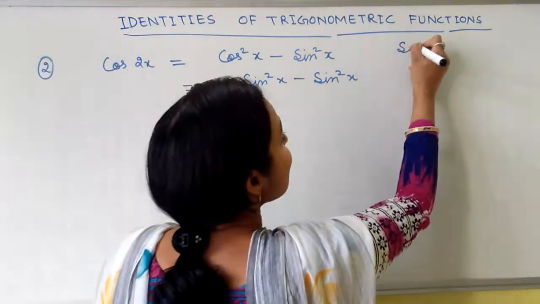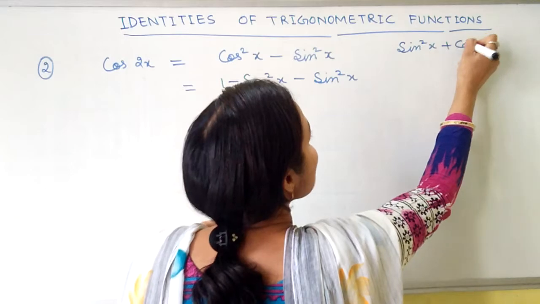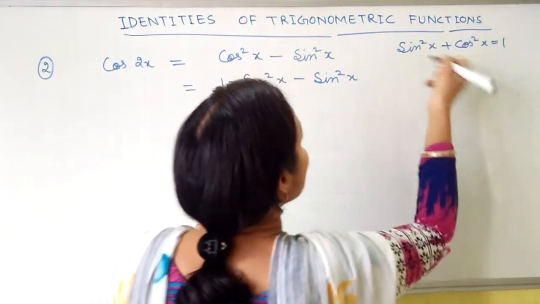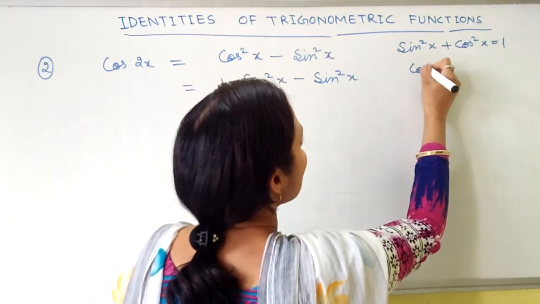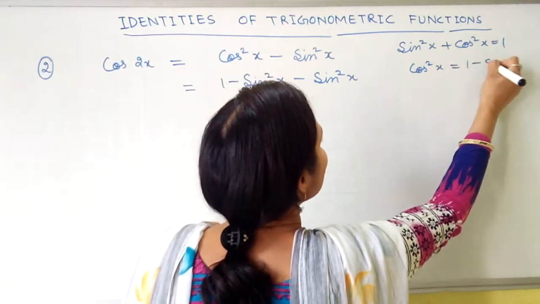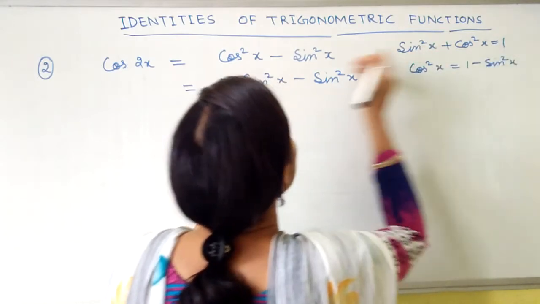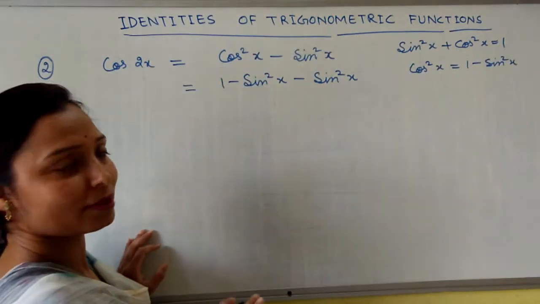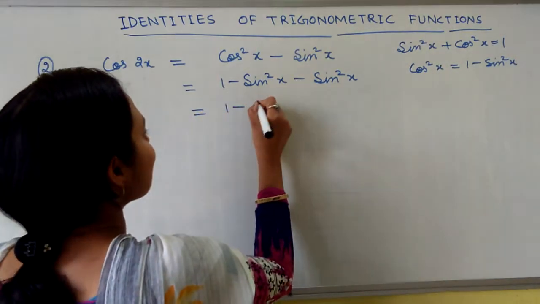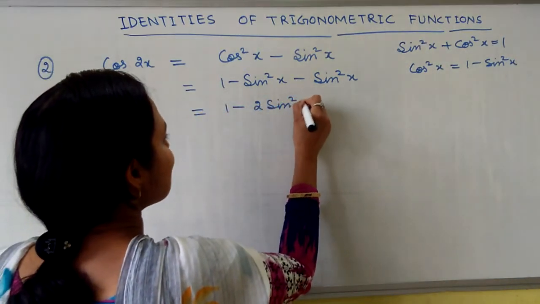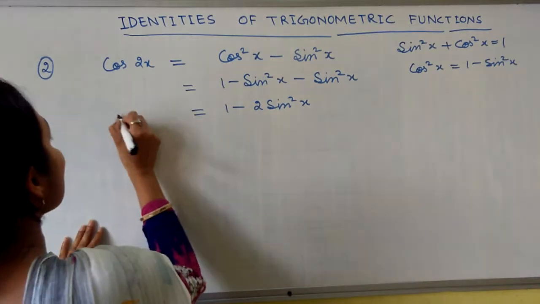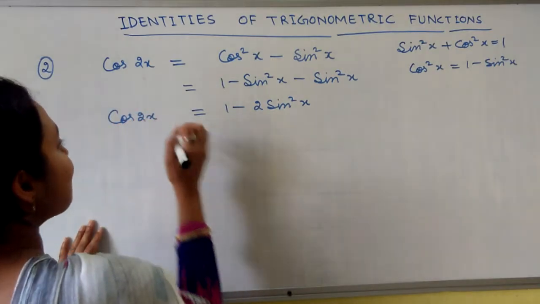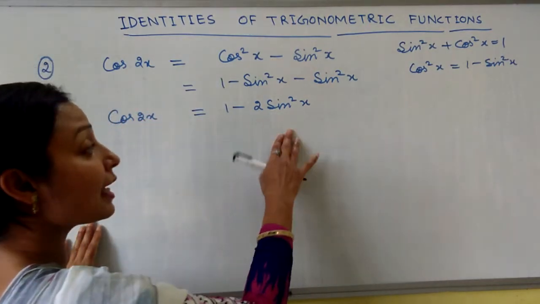You all know sine square x plus cos square x is equal to 1. So that's why we can change cos square x into the form of 1 minus sine square x. So I will change this into this formula, so we have 1 minus 2 sine square x. This is another formula for cos 2x. This is the formula in the form of sine only.